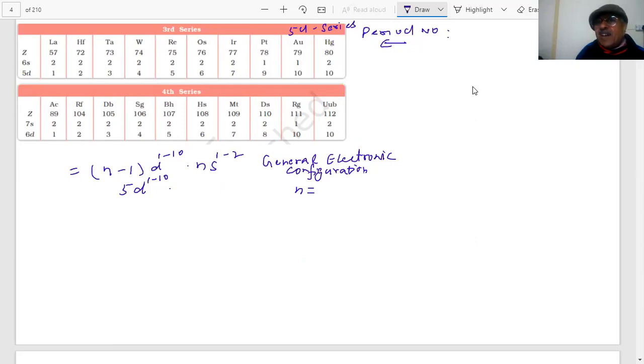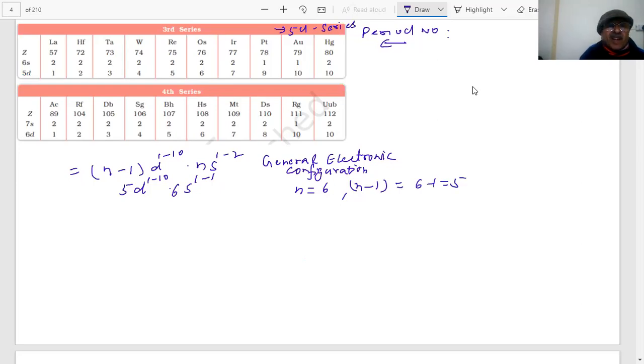I have written 5D here. I am saying it is the 5D series. Then what is the value of N? It has to be 6. If N is 6, then 6 minus 1 is 5, students. Not clear?